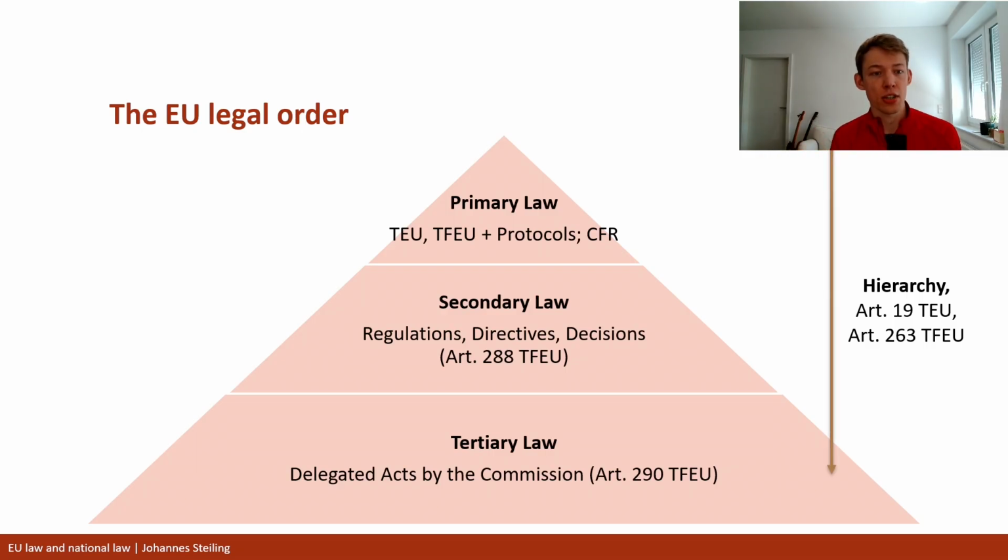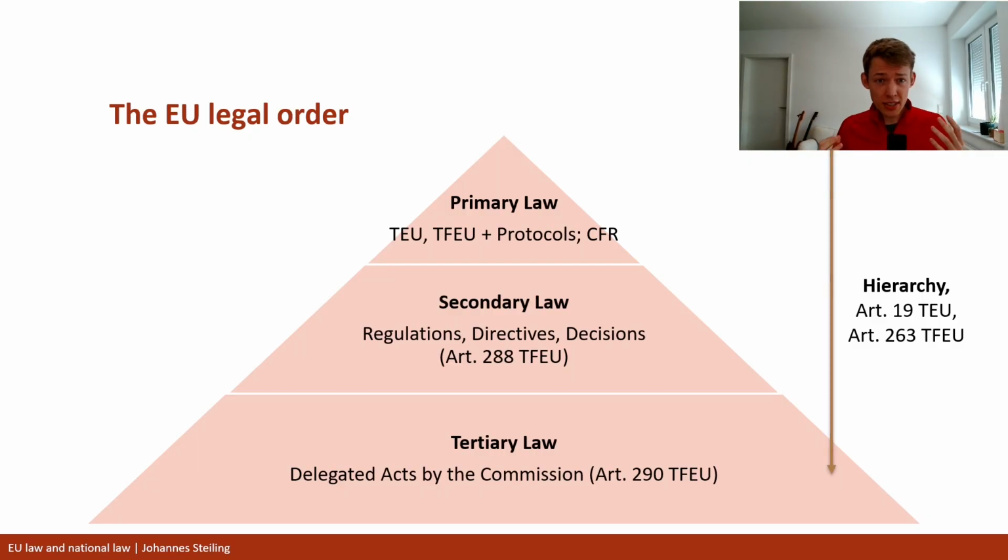So that means especially secondary law and tertiary law. And it can't invalidate the treaties, like any constitutional court can't invalidate the constitution. It can only interpret the treaties, because in the end, the ECJ gets its competence to interpret EU law from the treaties. So it can interpret primary law and it can invalidate secondary law.